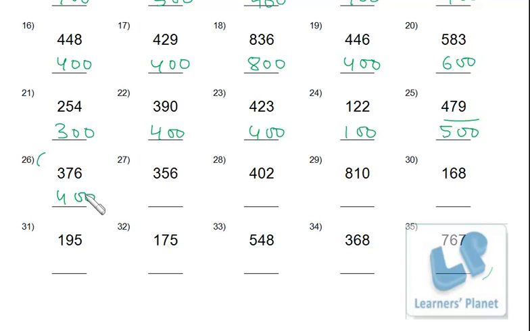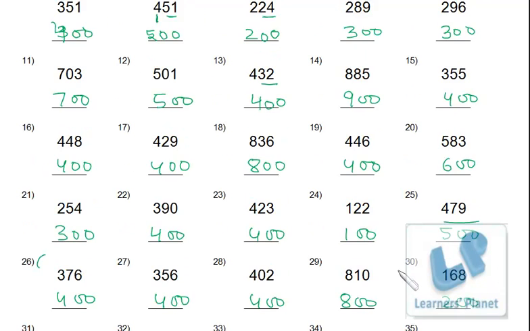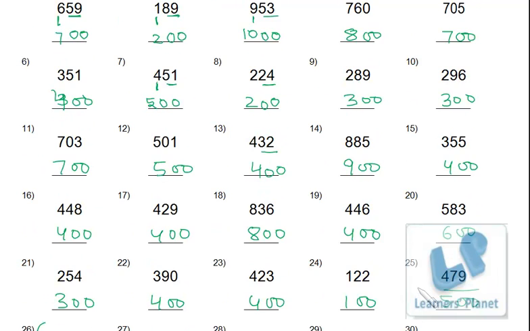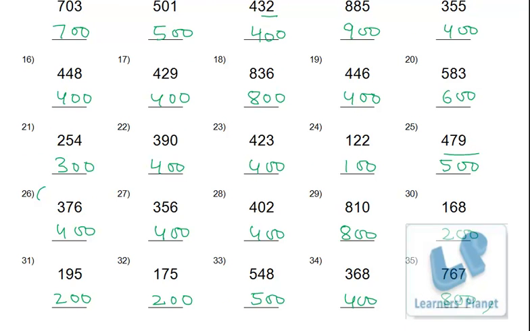It's 400, 400, 400, 800, 200, 200, 200, 500, 400 and 800. Okay, so just check your answers with mine and write down your score out of 35, how much you are getting.